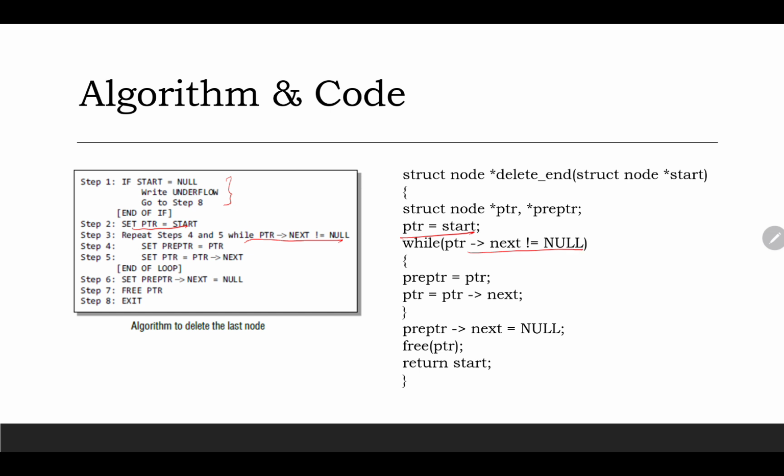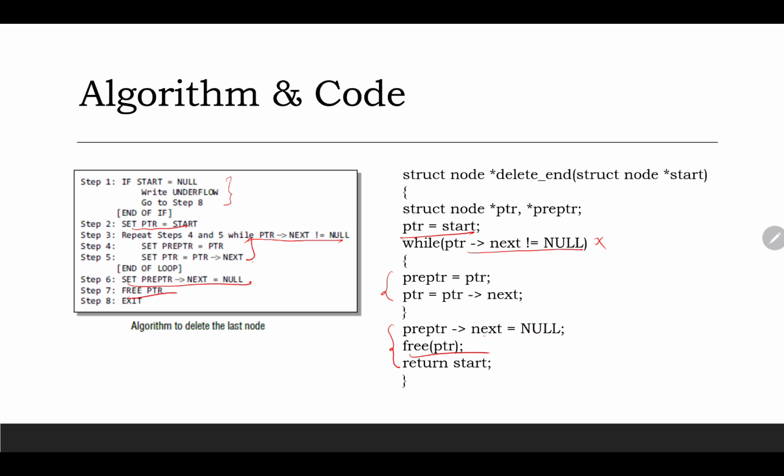If this condition is true, pre-ptr is equal to ptr and ptr is equal to ptr->next. Until the condition becomes false, we execute this statement. Once it is false, we come out of the loop and use pre-ptr->next equal to NULL. Then free the ptr. The same procedure.